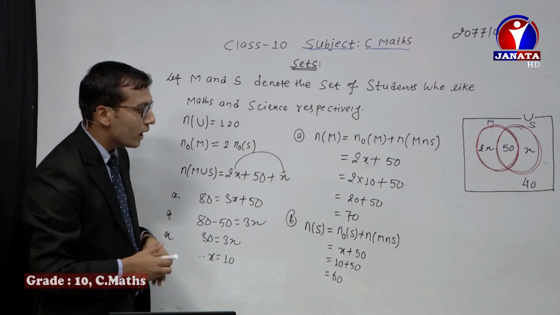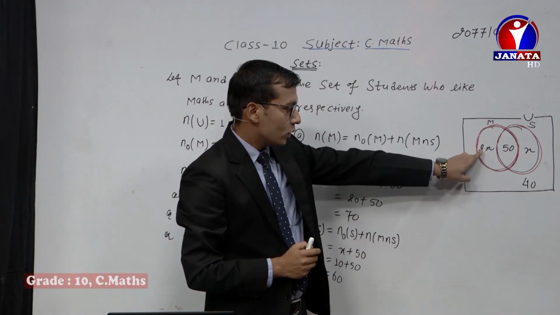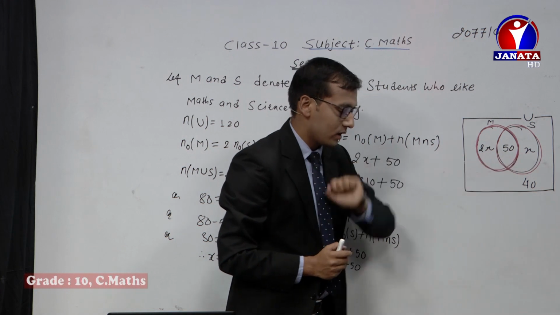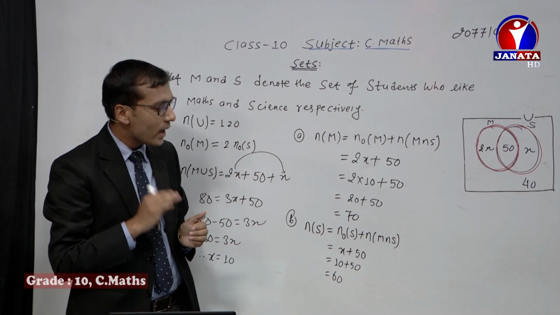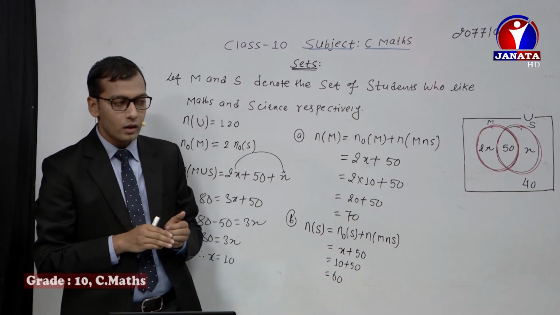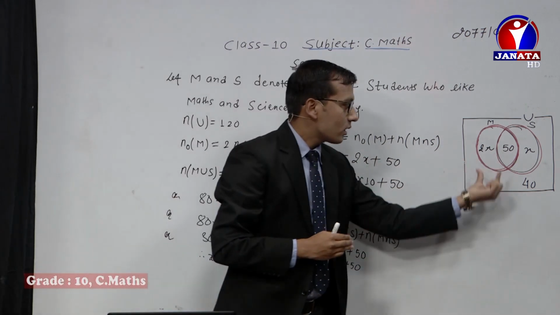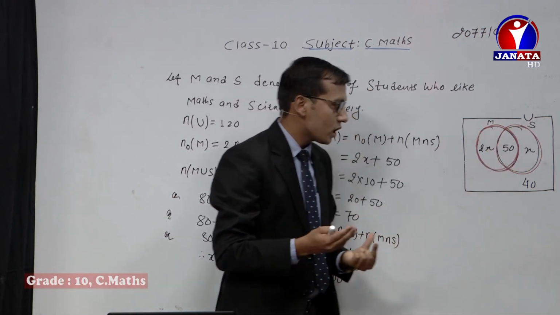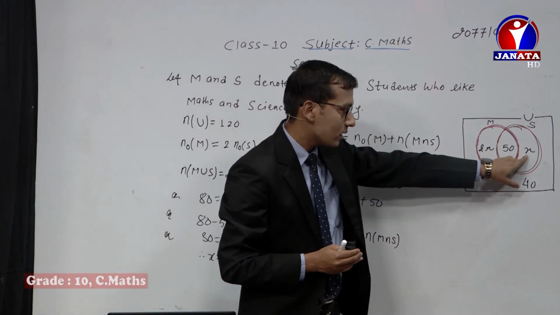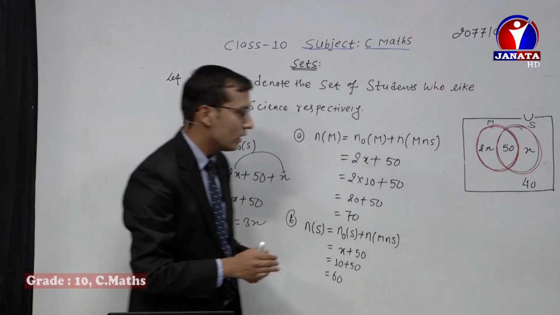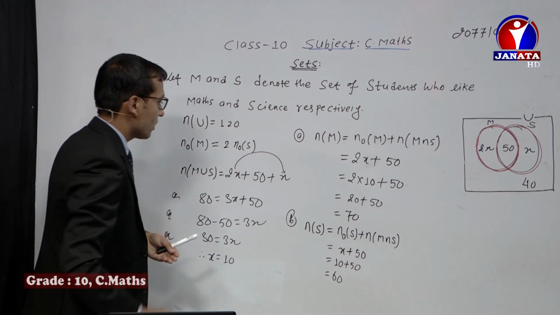So for at least one, we take M union S: twice x plus 50 plus x, and we can replace x by 10 and calculate the total number of students who passed in at least one subject.